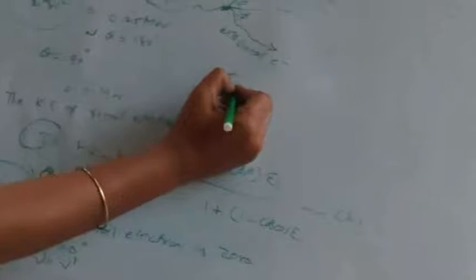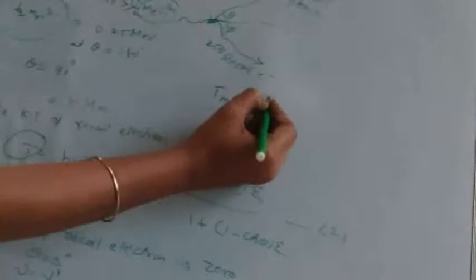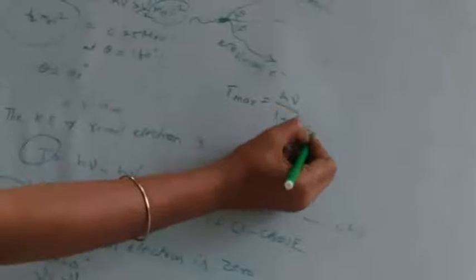At that situation, the frequency nu becomes nu dash. Now the maximum kinetic energy can be written as T maximum. Here T maximum represents the maximum kinetic energy of the recoil electron, given by h nu by 1 plus half epsilon.